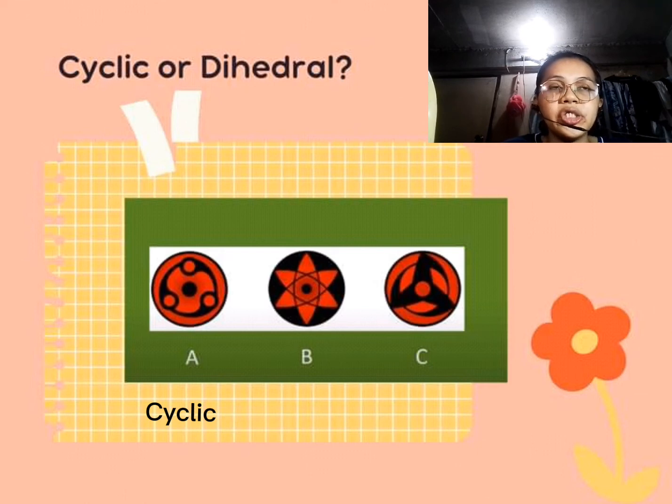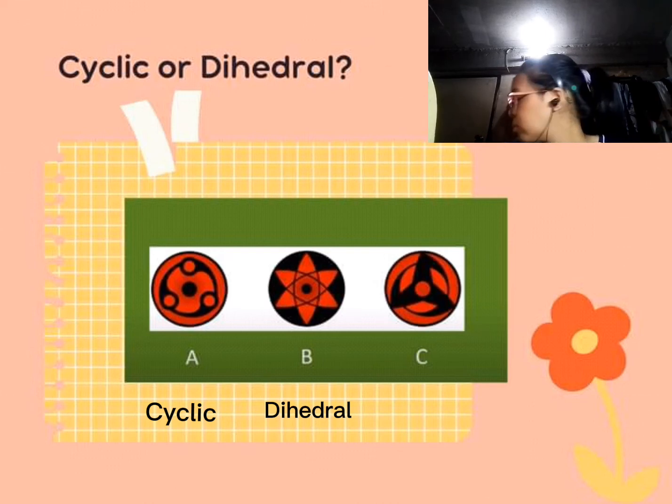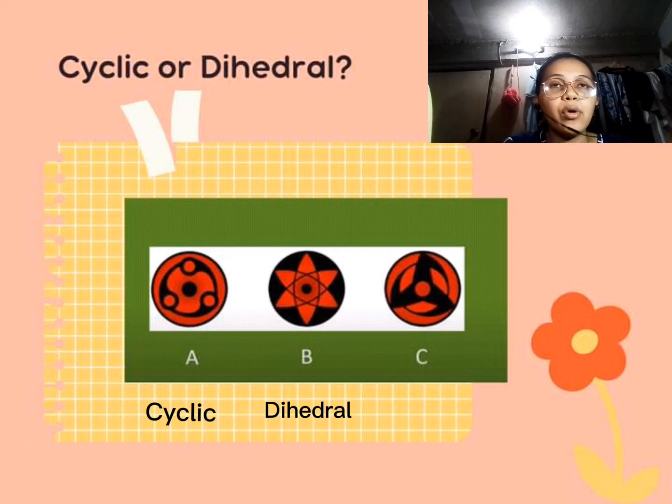The answer is dihedral. It has reflection symmetry along this line. Although, of course, there are many lines, but let's just get one. How about letter C? Is it cyclic or dihedral? You cannot reflect it, so it's not dihedral.